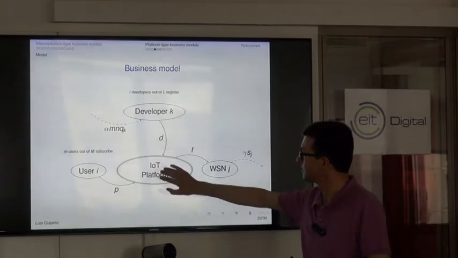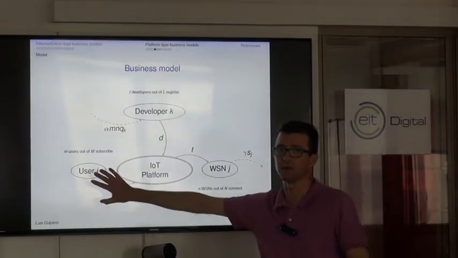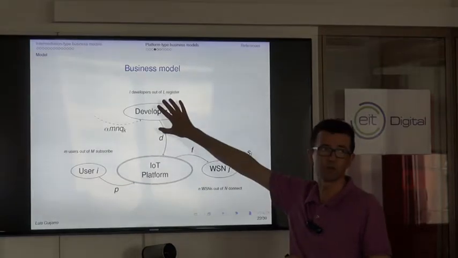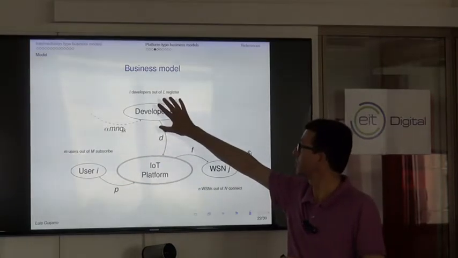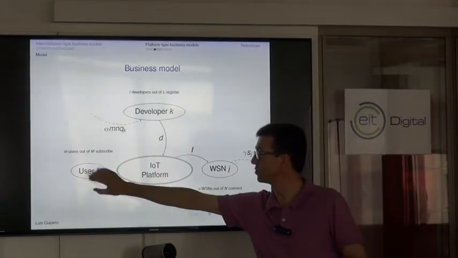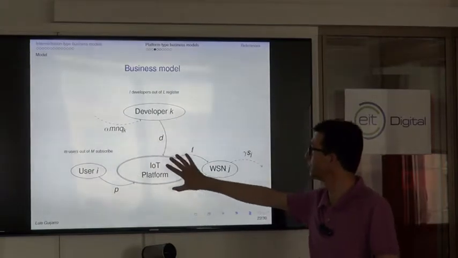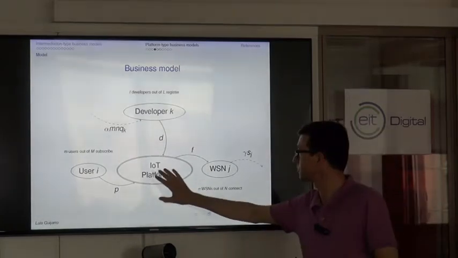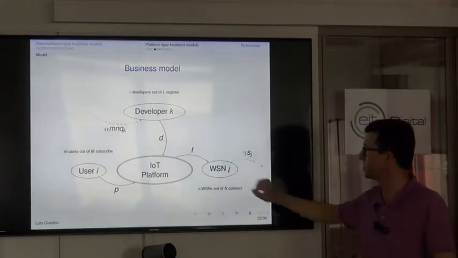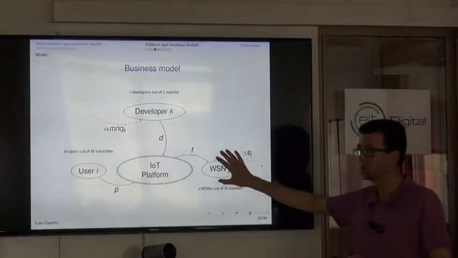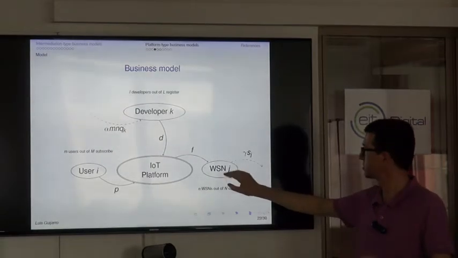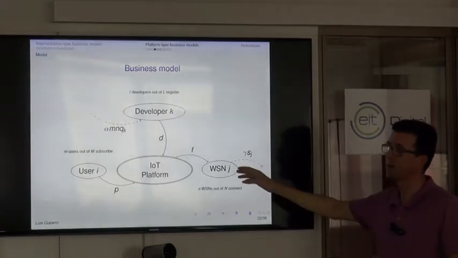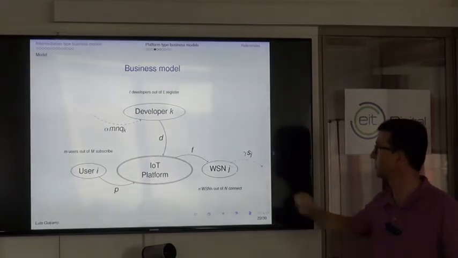This will be the business model for one such IoT platform. That is, a platform charging a fee to the users, and a fee to the developers that want to deliver apps to the users and want to use data for their apps. And of course, paying a fee to the sensor networks. The sensor network will incur costs, which depend on the upload requirements of each one of the sensors.